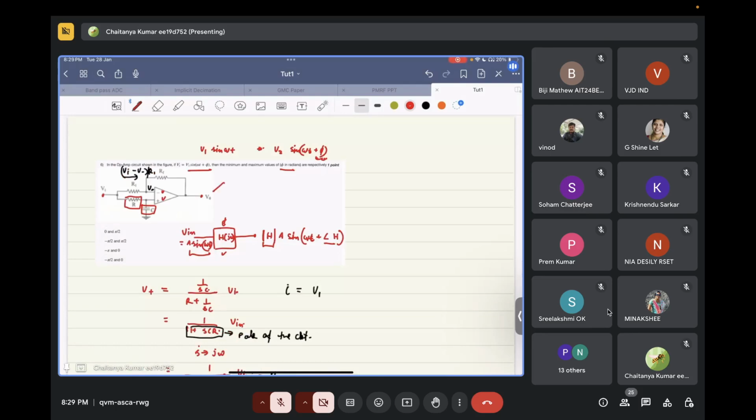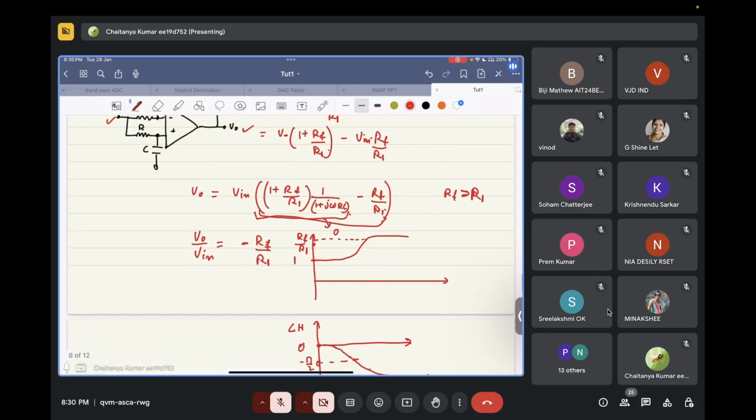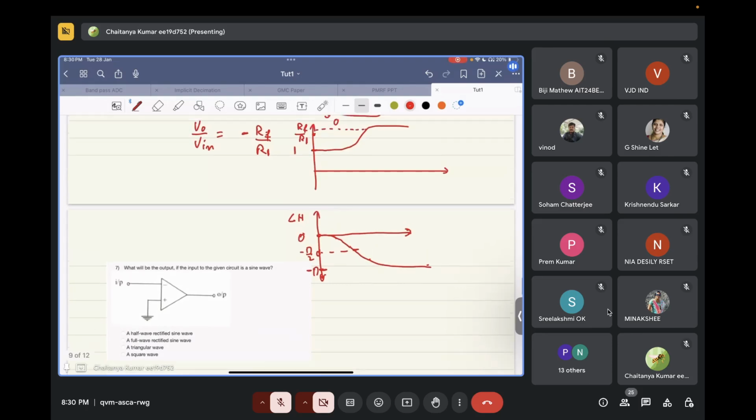Redo this complete transfer function, and verify that the phase will start from zero and will eventually go to minus pi, and it will keep on falling always. Try to reorganize this equation and you will get the answer for that. You can try this out at home and we will go from there.